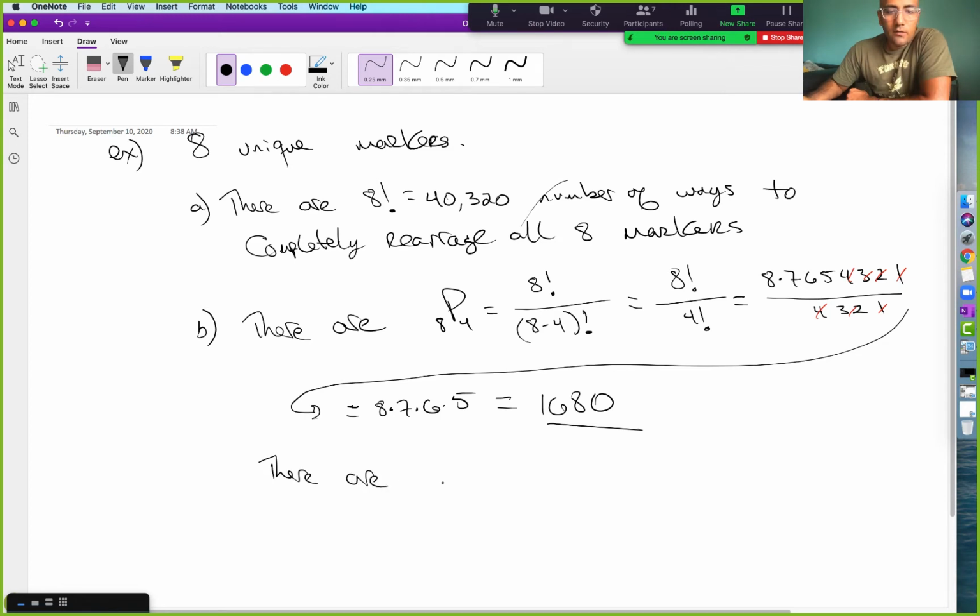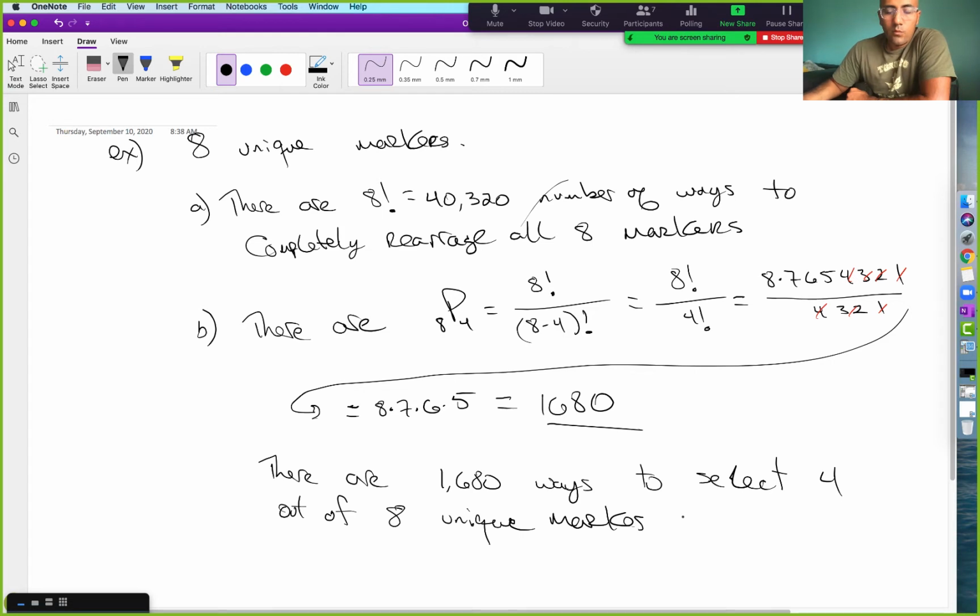There are 1,680 ways to select 4 out of 8 unique markers when order matters. Good.